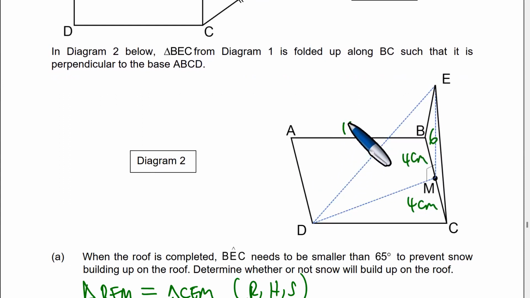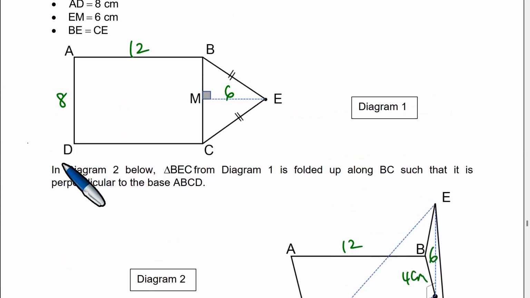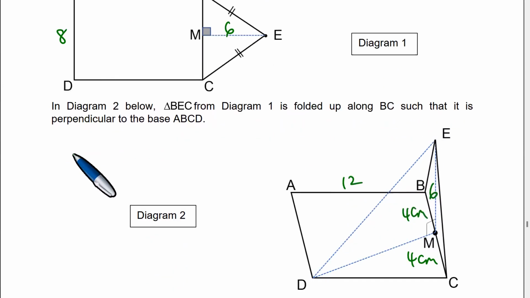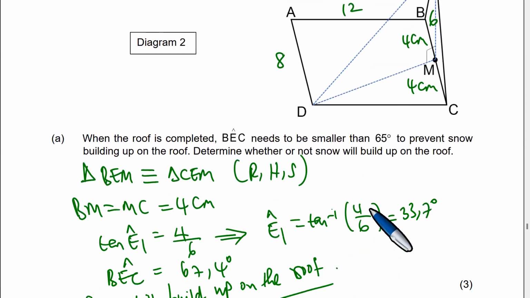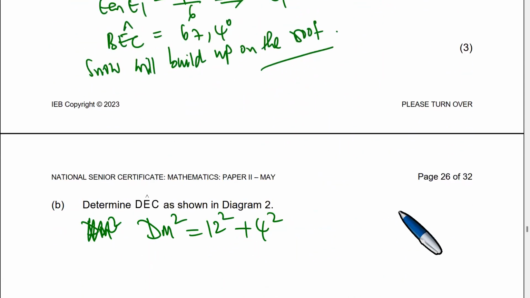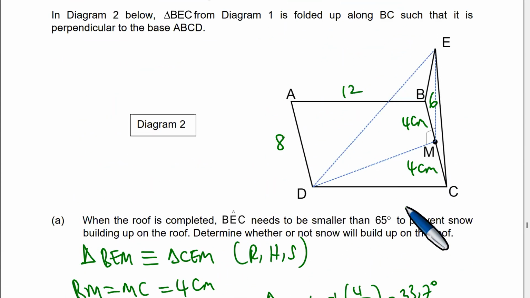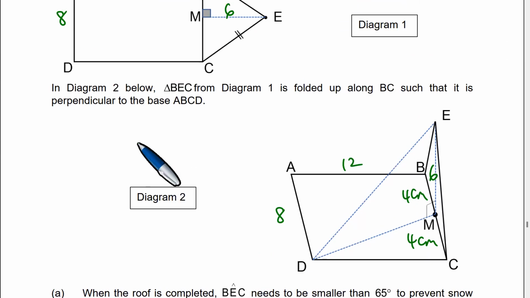So you have that AB is 12, and you have that AD is 8. AD is exactly 8. So now I want to find DM, which means you can find DM straight away.